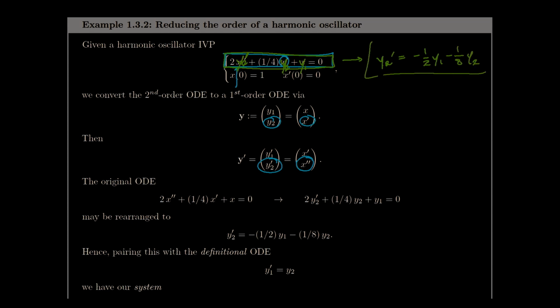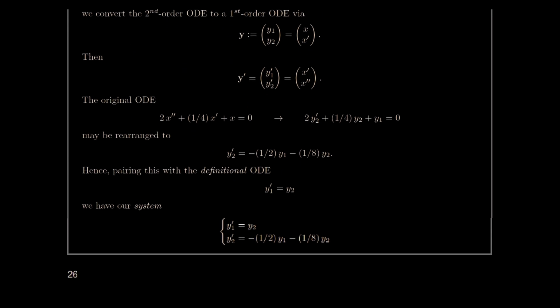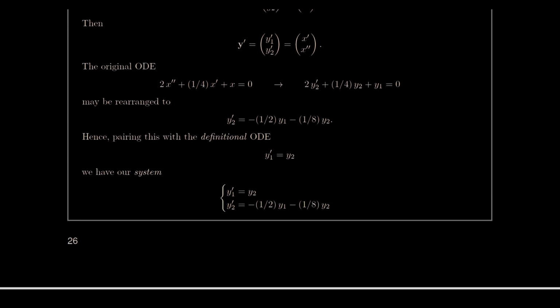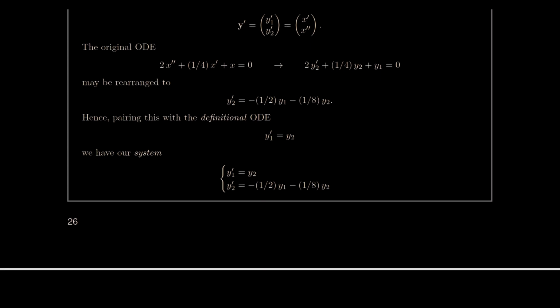And so in fact, this is now the ODE that we're going to consider that solves for y2 prime. And we also have this earlier one I mentioned that y1 prime was y2 that we recover just looking at those two. So in fact, it's this combination of these two ODEs that perfectly represents our system. So if I scroll down a little bit, that's what we see right here. y1 prime is y2 and y2 prime is negative 1/2 y1 minus 1/8 y2.